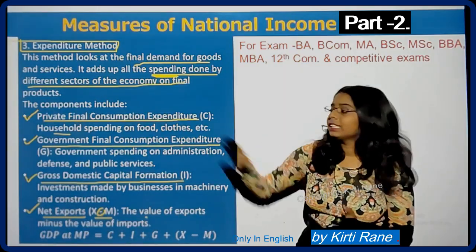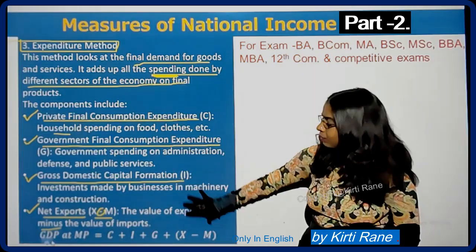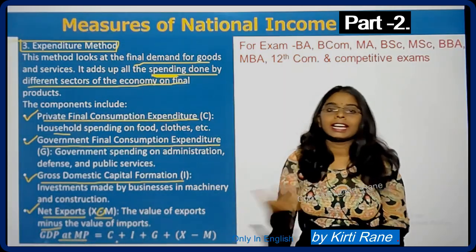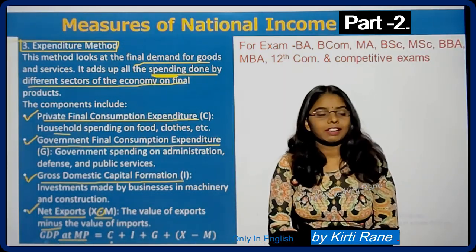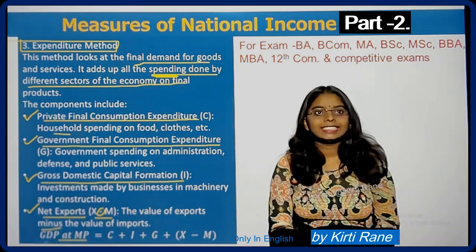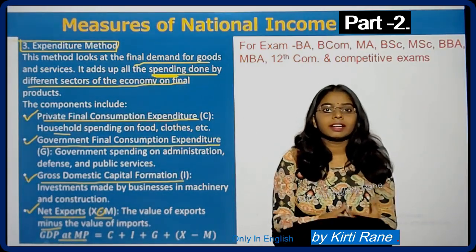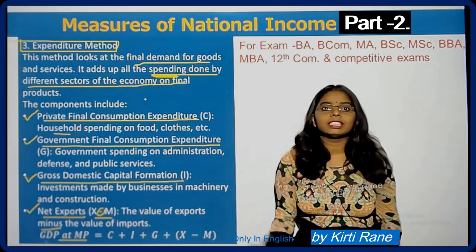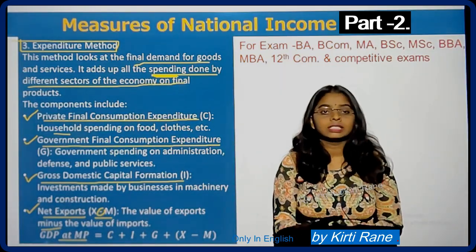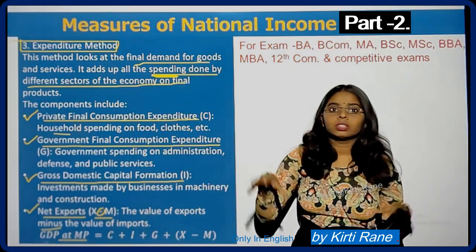So these were the four components in this formula. When we add all these four components, we will get GDP at MP, and from there we can derive the NNP at FC, the national income of our country. To summarize, the expenditure method tells us the total expenditure made on the final goods and services in a country.